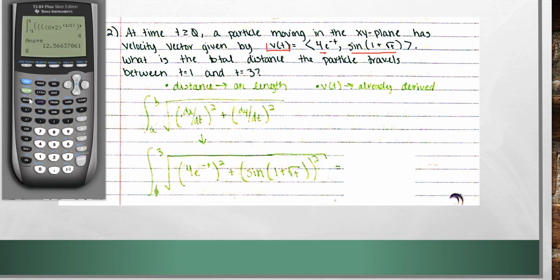And now when we plug this into the calculator, you have the integral from 1 to 3 of the square root, open parenthesis, 4e to the negative x, where x is going to represent our t here, it's just a variable, squared, plus, open parenthesis, sine of 1 plus square root of t, close parenthesis, squared.